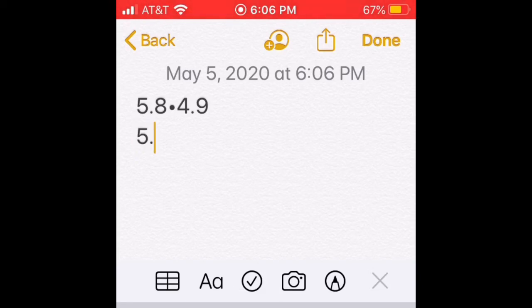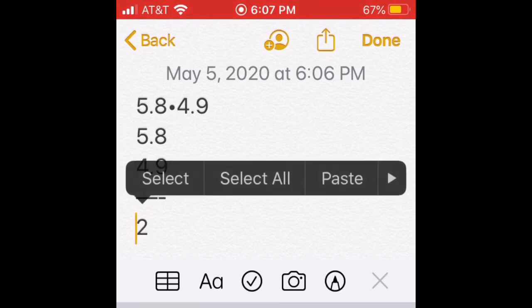Well, first we need to multiply 4.8 by 4.9, right? Correct. Again, just as a normal multiplication. We multiply 9 times 8. Well, that would be 72, right? So we will write the 2 and remember the 7.